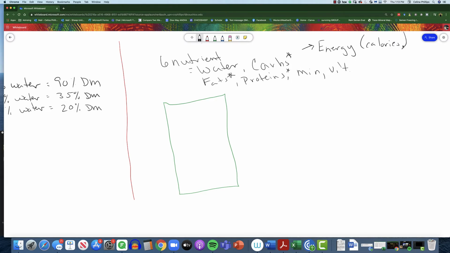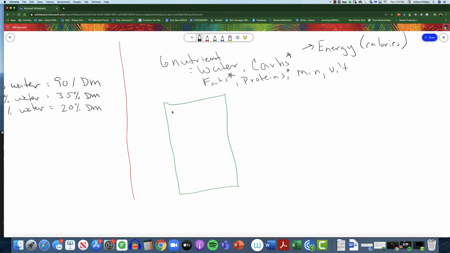As a nutritionist, water is probably the easiest nutrient for us to supply. And so we need to account for water in our feeds, but we don't necessarily want to be feeding water.